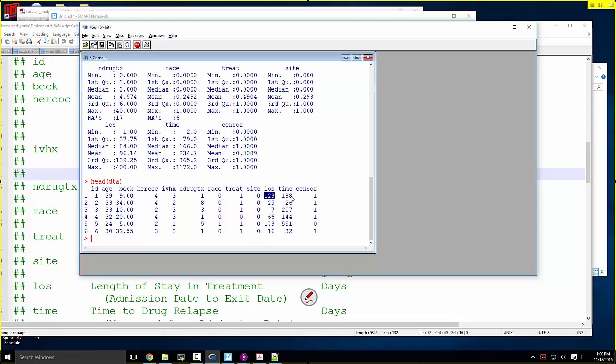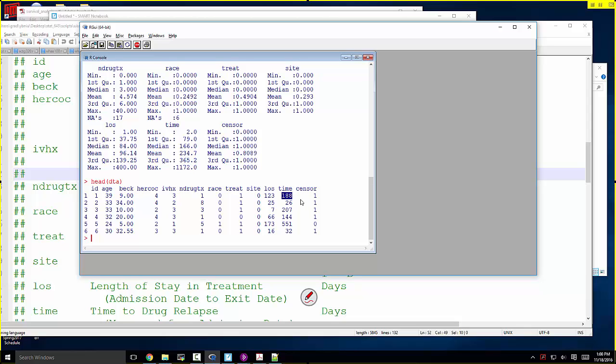But the event time until relapse was 188. So that means this person was under observation for the first 123 days, but then was not in the treatment routine anymore for 65 days, after which they were observed to relapse.